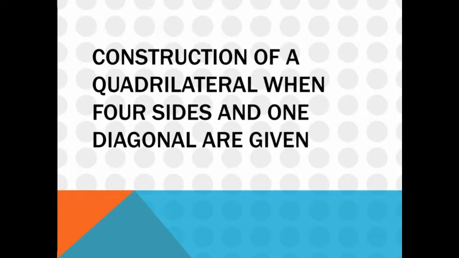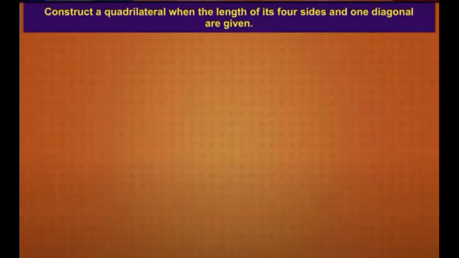Now, construction of a quadrilateral when 4 sides and 1 diagonal are given. We will learn how we can construct the quadrilateral if 4 sides and 1 diagonal are known to us. Construct a quadrilateral when the lengths of its 4 sides and 1 diagonal are given.